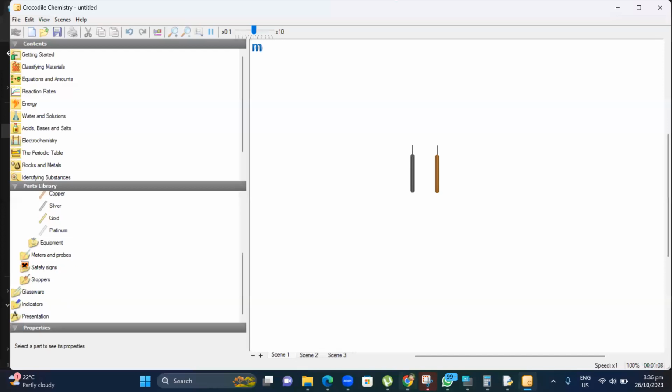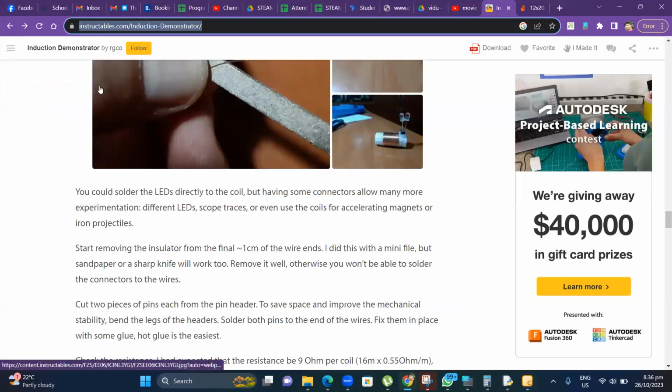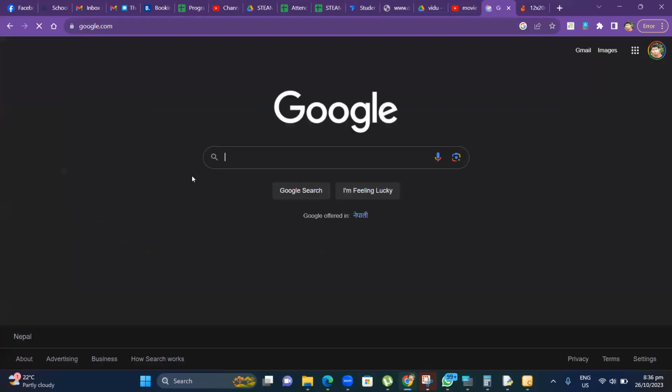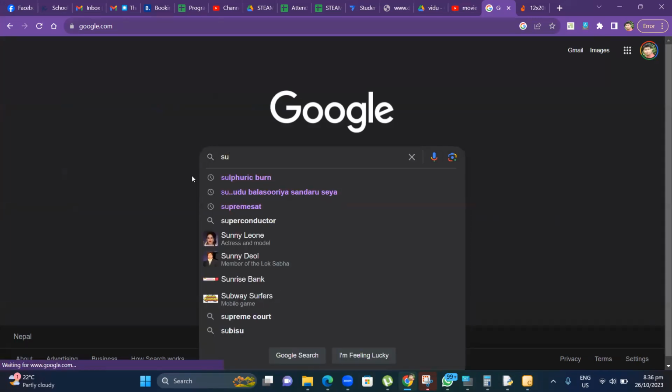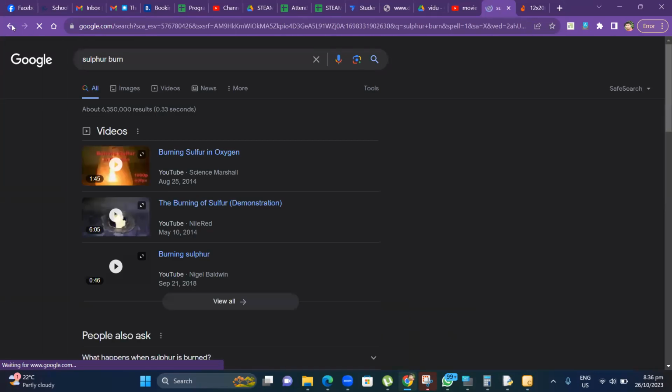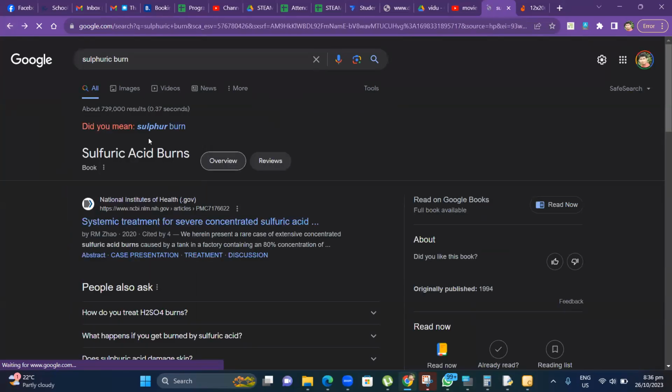Therefore, don't try to use concentrated sulfuric acid. You can find it in chemical labs, but it is very dangerous. See what will happen if there is a sulfuric acid burn. Sulfuric burns can also happen because of acid rain, but this is not up to this level.